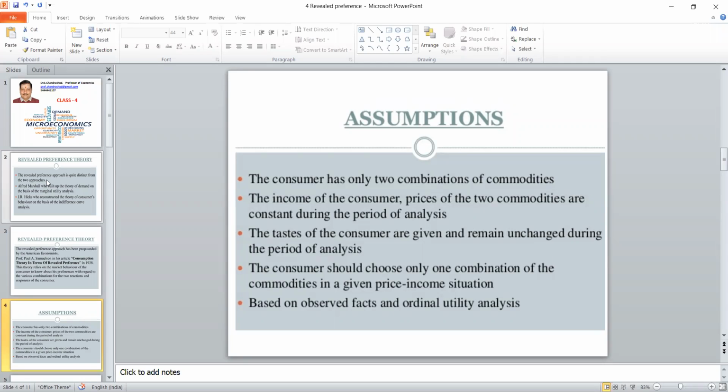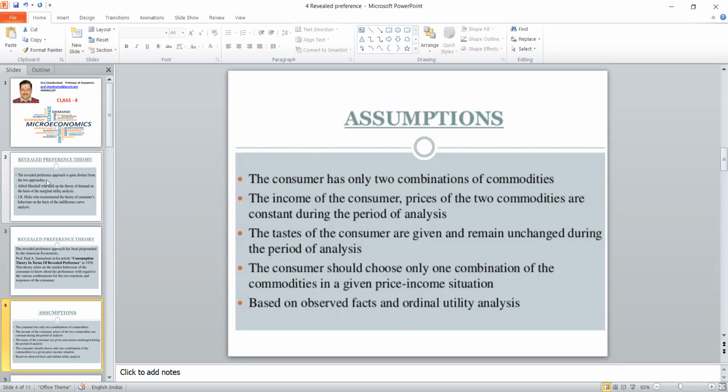Keep in mind, this revealed preference theory has the following assumptions. The consumer has only two combinations of commodities, X and Y. The income of the consumer and the prices of the two commodities are constant during the period of analysis. The third assumption is that the tastes of the consumer are given and remain unchanged during the period of analysis.